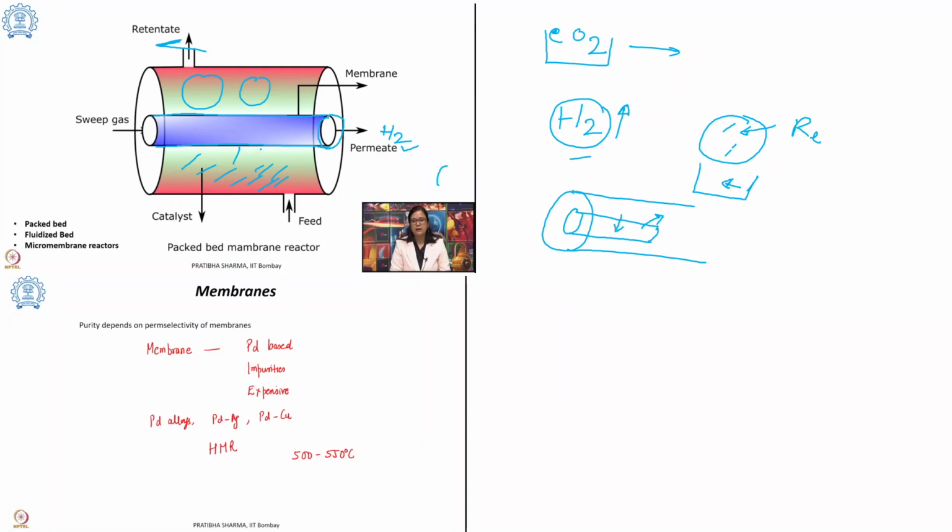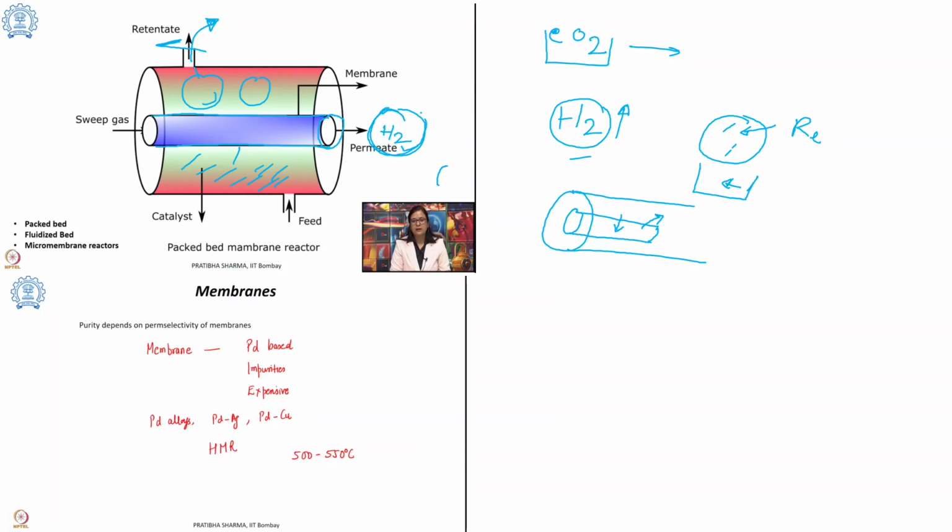If we somehow separate the hydrogen from the other products like carbon monoxide and carbon dioxide gases, through the membrane, the other products will remain here, and the combustion gases also pass through here, and the hydrogen gas will be separated.